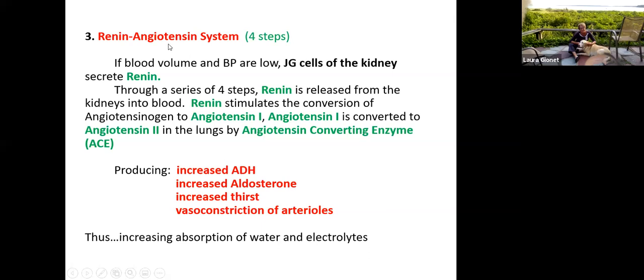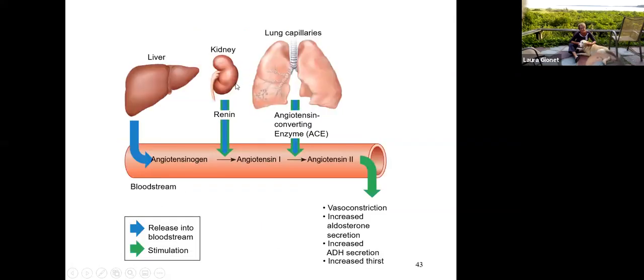And then we have our renin-angiotensin. Looking at this image, the renin is coming from the kidney. The liver produces angiotensinogen. These compounds that end in -ogen are inactive forms. They're there ready to go when you need them. So when you do need it, the kidney secretes the renin into the bloodstream, from the afferent arteriole juxtaglomerular cells, and it converts angiotensinogen to angiotensin 1.